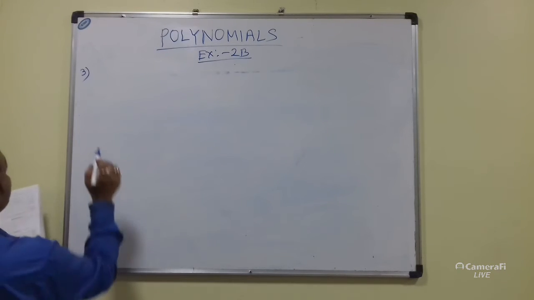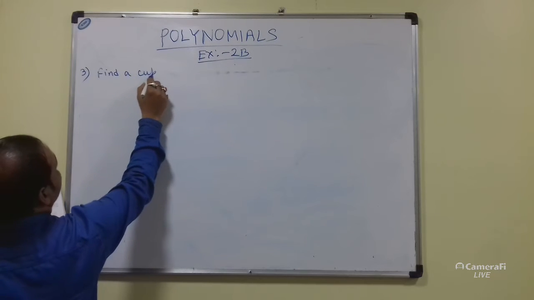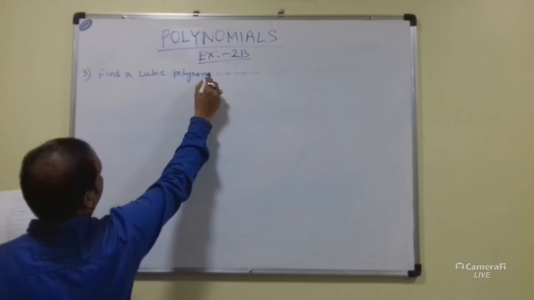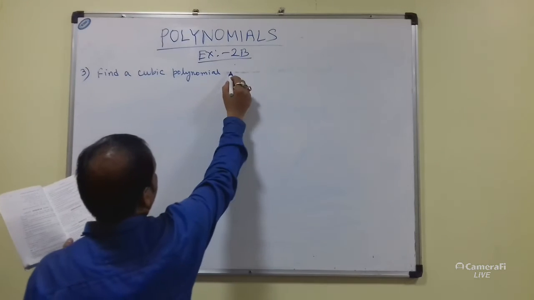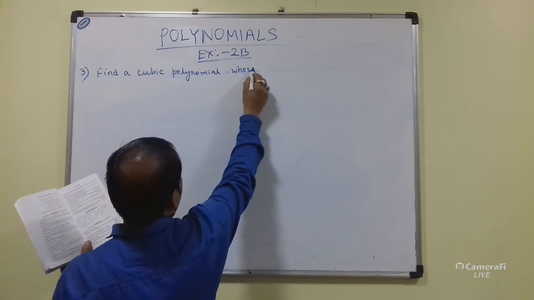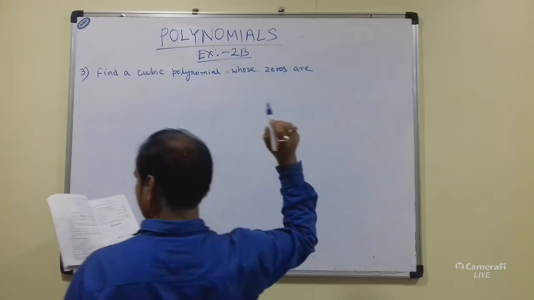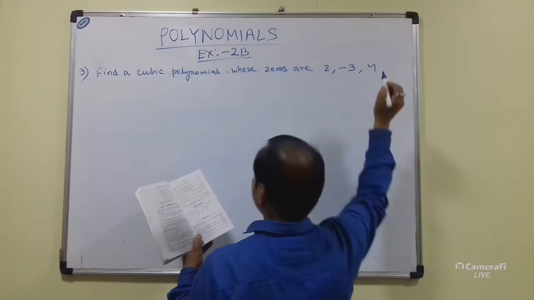Find a cubic polynomial whose zeros are 2, minus 3 and 4.